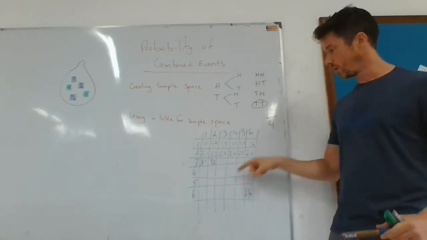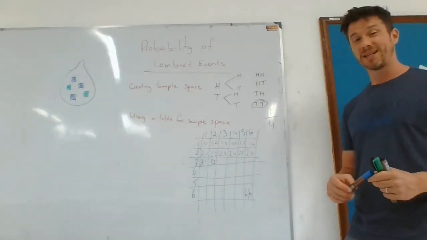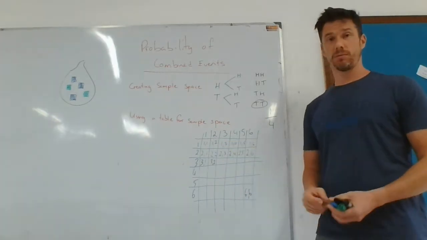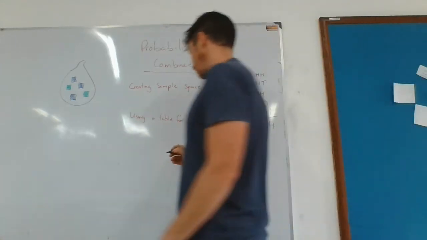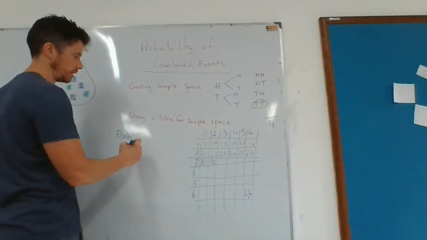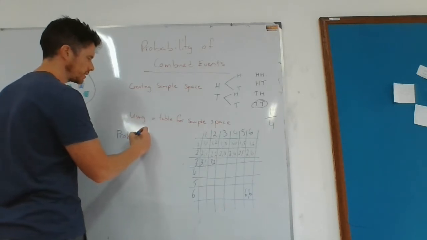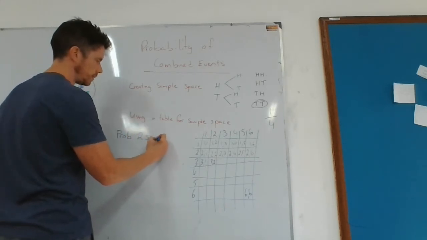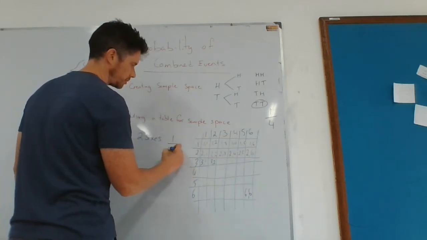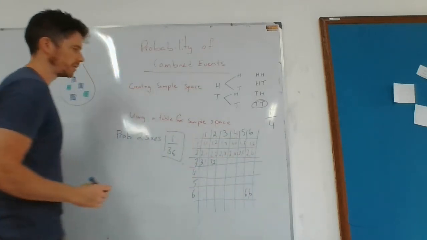Well, you have to go through all the options, all the boxes once you've completed. When you add them all up, there's 36 different options. So the answer for the probability of getting two sixes is one chance out of, well, there's 36 options, so combined event is 1 out of 36.